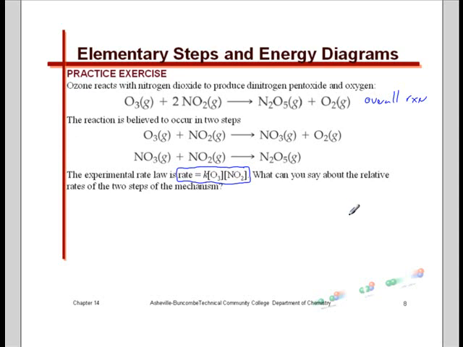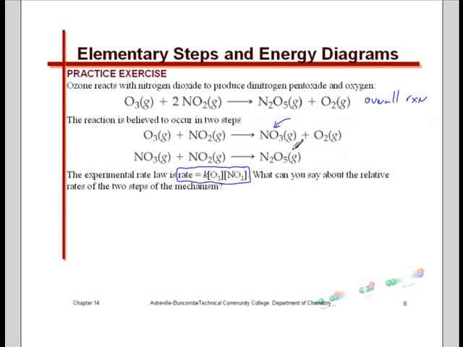Because when an overall reaction is being looked into, there's a variety of methods that are used. You start picking apart the molecule and the reaction, and what you find is that when ozone and nitrogen dioxide come together, there's a short period of time where nitrogen trioxide is detected by some method, but it's not actually showing up in the original reactants.